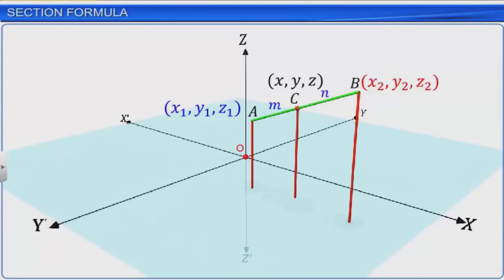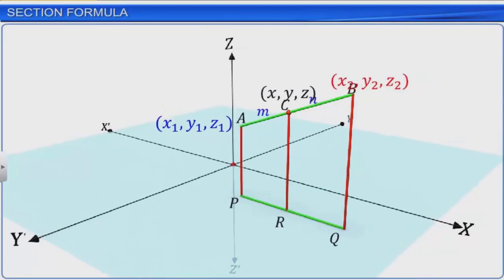Let the feet of the perpendiculars from points A, C and B on the xy plane be P, R and Q respectively. Lines AP, CR and BQ are parallel to each other. The line joining points P, R and Q lies on the xy plane.